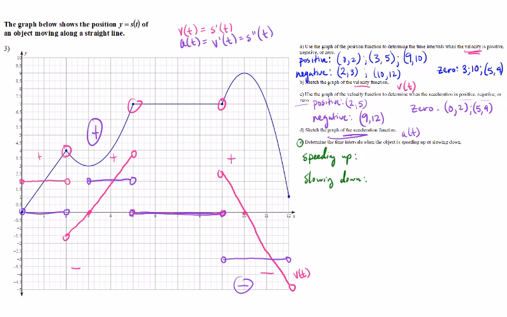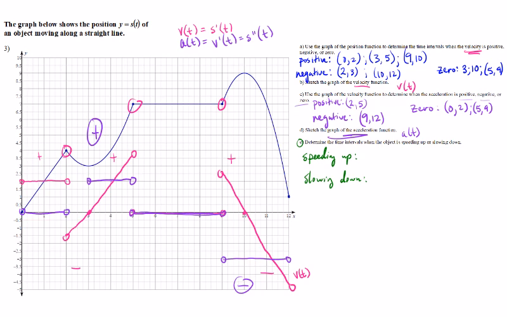But I like to look at the velocity function. So if I go back to this pink line here, speeding up is where the velocity goes away from 0. Remember that speed is the absolute value of velocity. So when it goes away from 0, the absolute value will increase, right? If it goes towards 0, the absolute value will decrease.